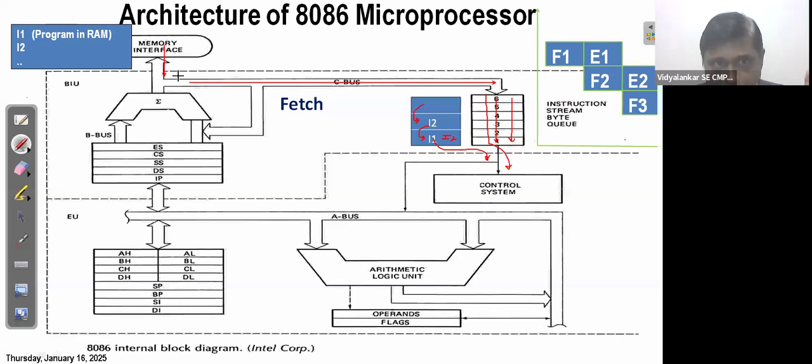I said BIU of your 8086 processor will go to memory called RAM. It will fetch instruction 1, it will fetch instruction 2, and store it in instruction queue, which is 6 byte. Okay, वो उसका size है 6 byte.